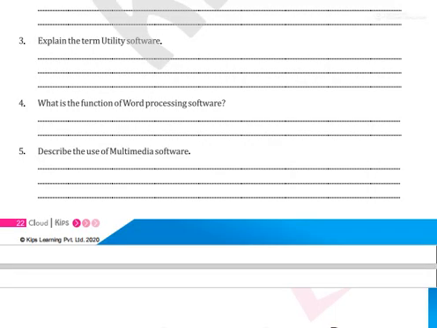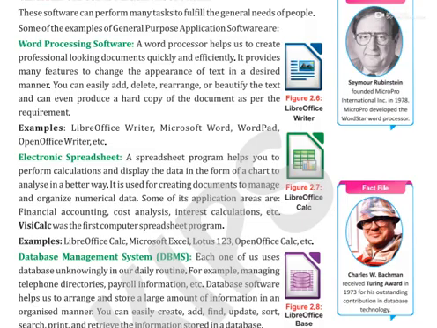Now, what is the function of word processing software? Here it is asking about a specific application software, that is word processing software. Word processing software is used for word processing kind of work, like to create documents, letters, messages, etc. So your answer is on page number 19.